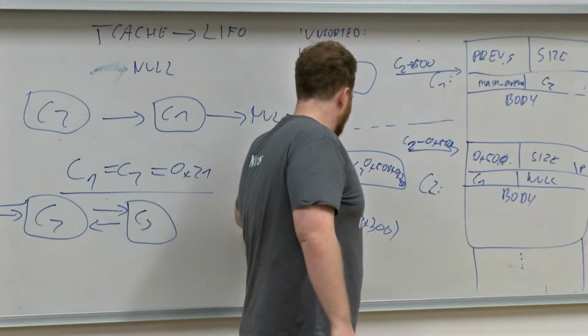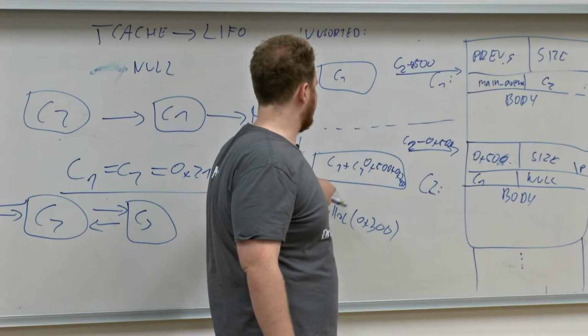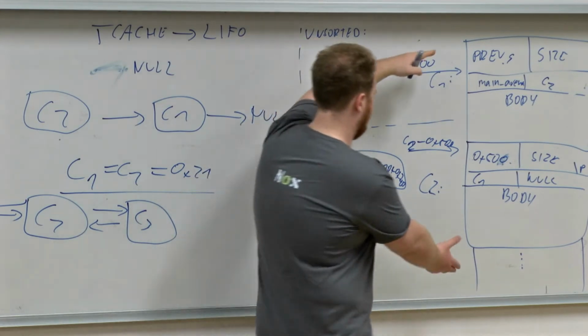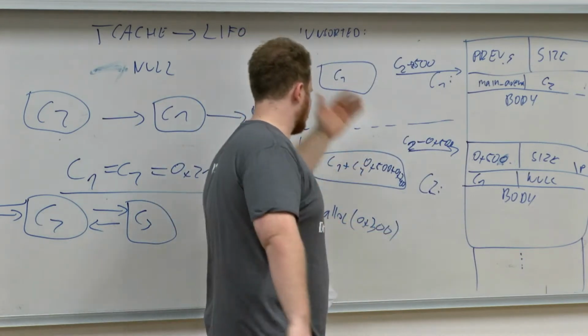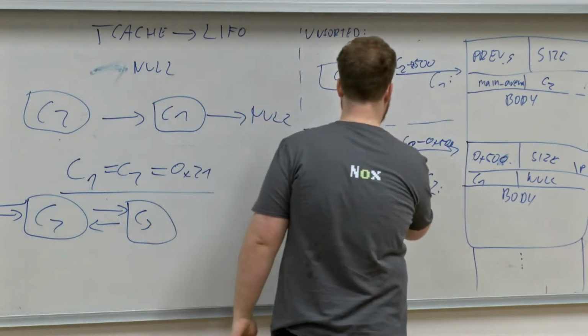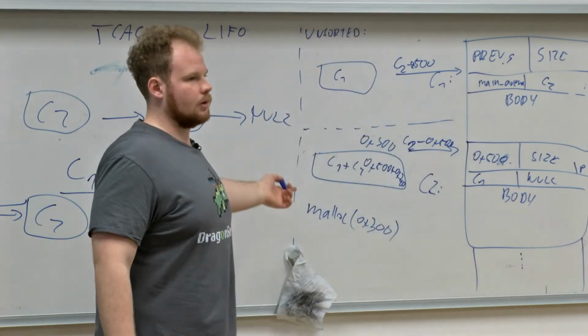Exactly. So malloc will take a pointer from the unsorted bin, but it cannot take the whole thing, because the whole thing is, how much is that? Hex B00. This is too big.